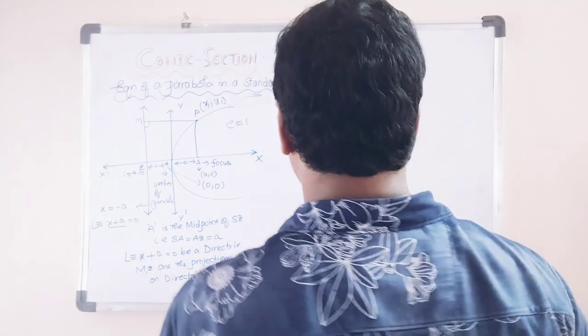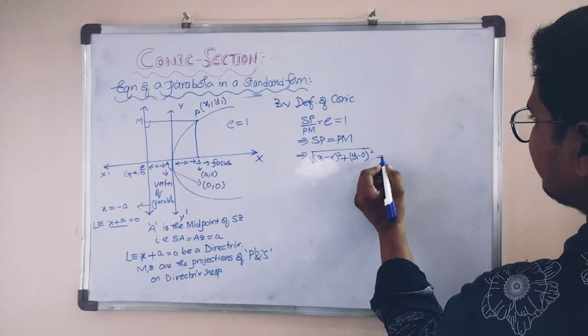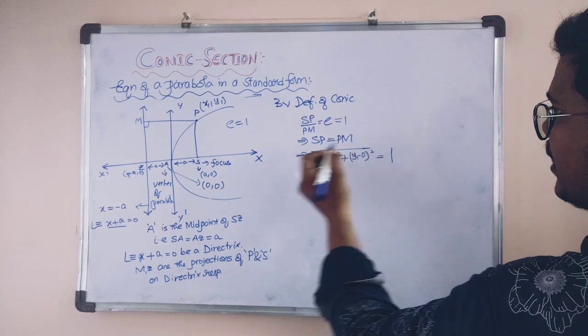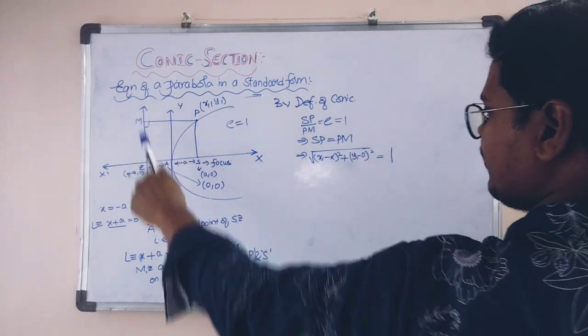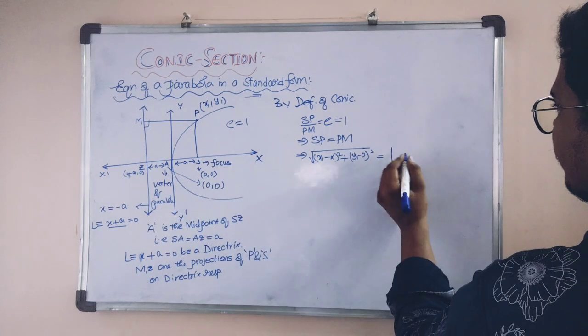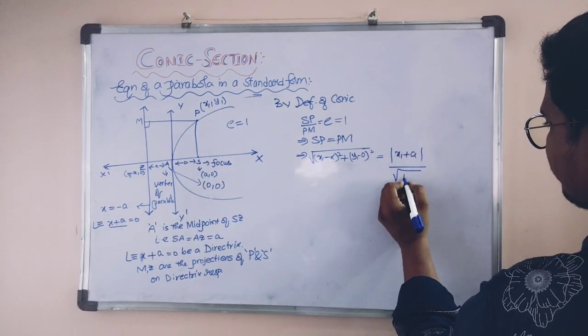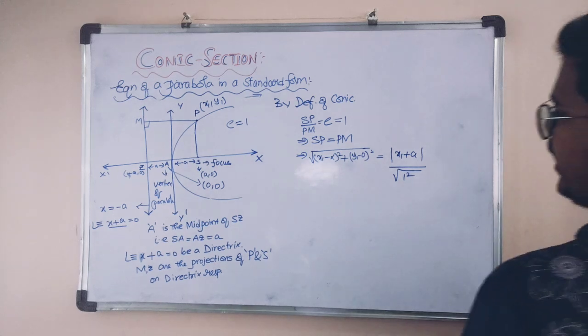Yes. And next, root of x1 minus alpha whole square plus y1 minus 0 whole square is equal to the perpendicular distance from P to the line, I mean P to the directrix, which is equal to mod x1 plus a by square root of x coefficient 1 square, nothing but that.